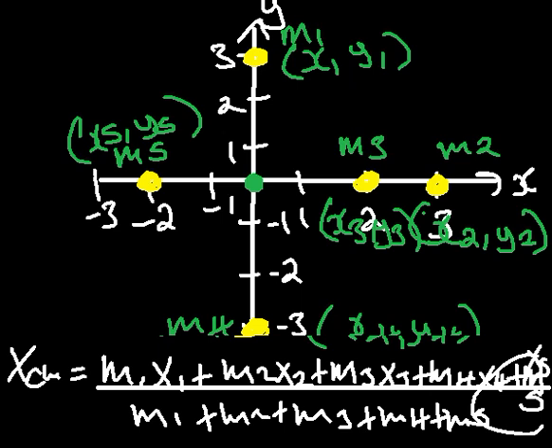And how about x2? x2 is the x coordinate at the point of mass 2 from the origin, this distance reaching up to this far. That will be given as 3. And how about x3? x3 is the x coordinate at the point of mass 3 from the origin, which is given as 2.